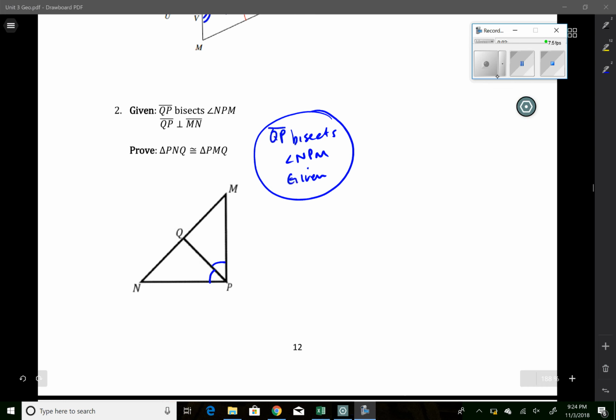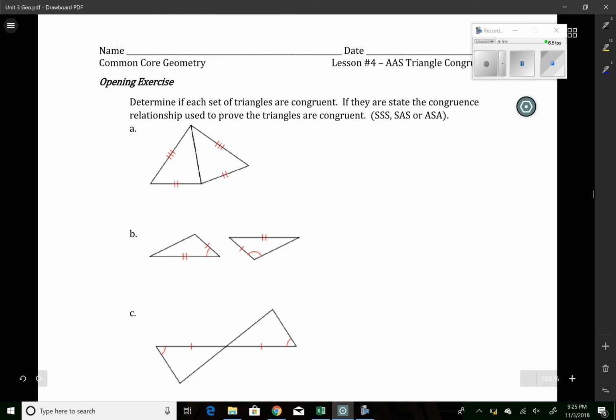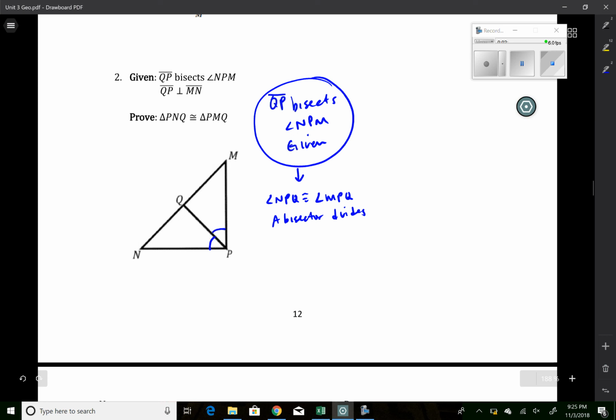So off of that given, I'm going to say angle NPQ is congruent to angle MPQ because a bisector divides an angle, because the angle is getting cut in half, into 2 congruent angles. I'm essentially just describing what bisects means.